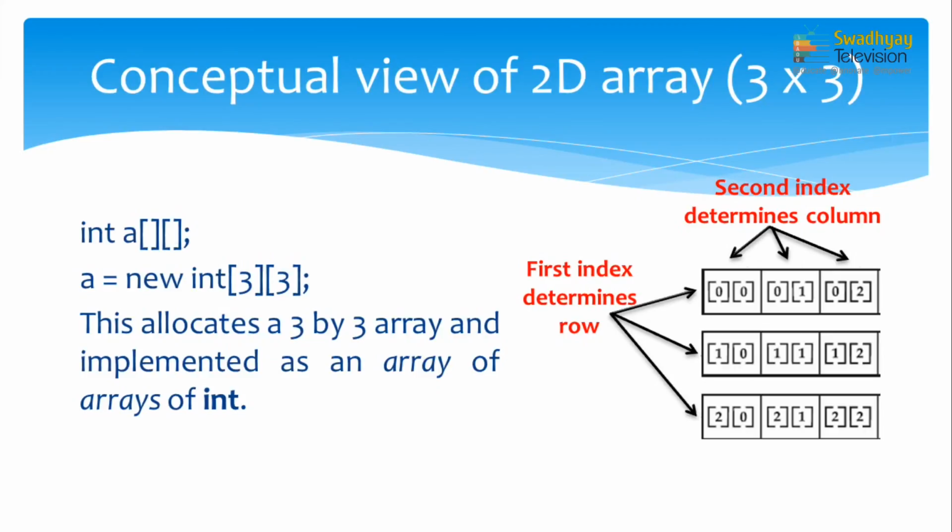Now, the first element is referred to by 0 0, and the first 0 represents the row number and the second 0 represents the column number or column index. So, the second index determines the column and the first index determines the row, and remember it always starts with 0.